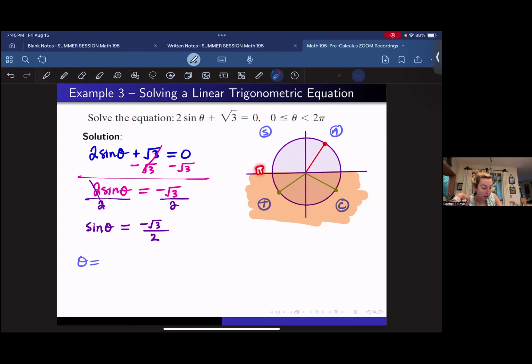Well, pi, also known as 3 pi over 3, plus another pi over 3 will give us 4 pi over 3. And then we have 2 pi, also known as 6 pi over 3, minus a pi over 3 gives us 5 pi over 3.